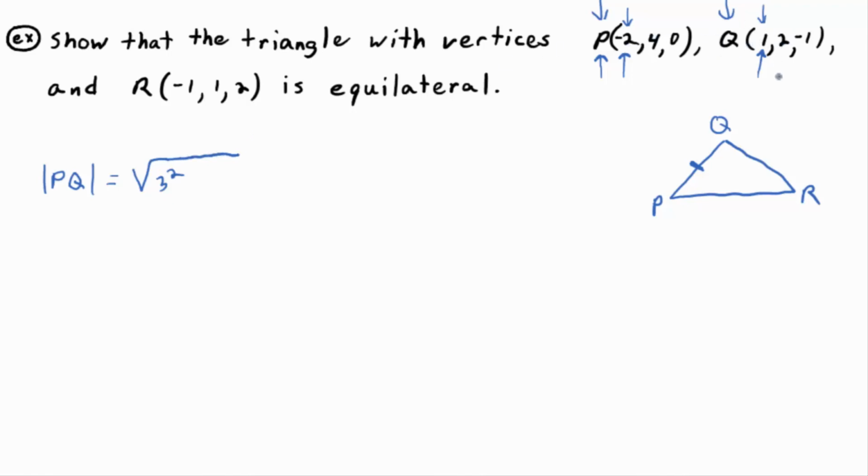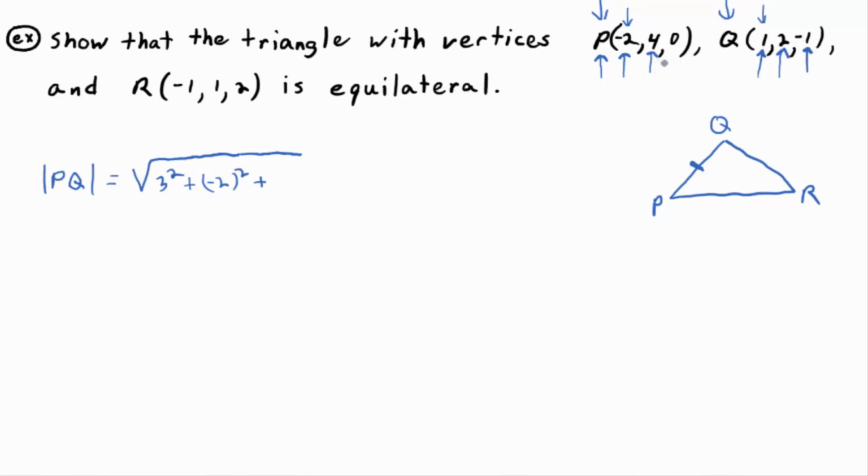And then what's the next one? 2 minus 4. So plus -2 squared. That's the difference between the y coordinates squared. That's what the formula says to do, right? 2 minus 4 is -2, and then square it. Everybody with me? And then what's the last distance that we're going to square?